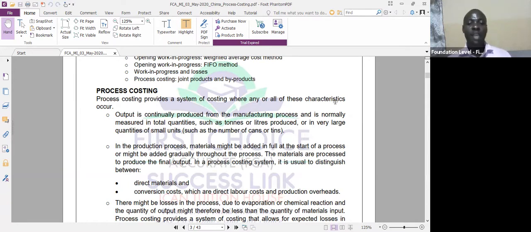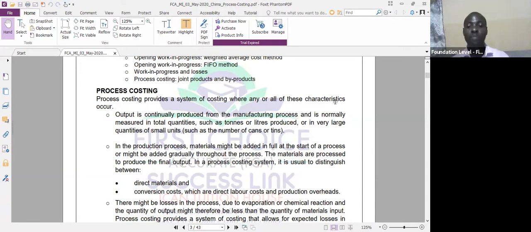That's another example. Another characteristic, in the production process, materials might be added in full at the start of the process or might be added gradually throughout the process. So what it means is that if we are to make, let's say, bread, all the ingredients, the materials for bread would have been added at the start of the process.